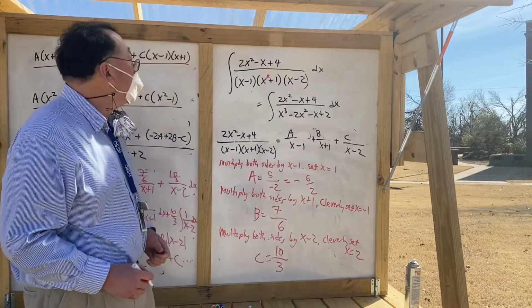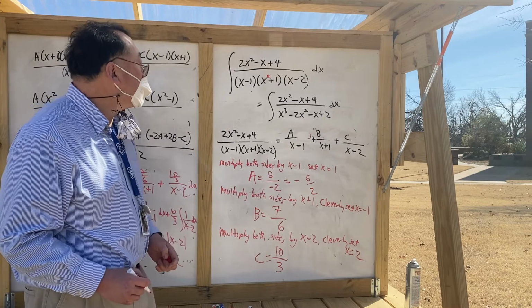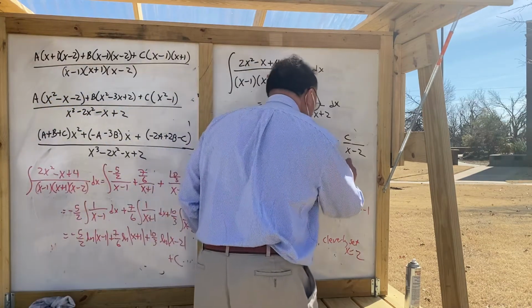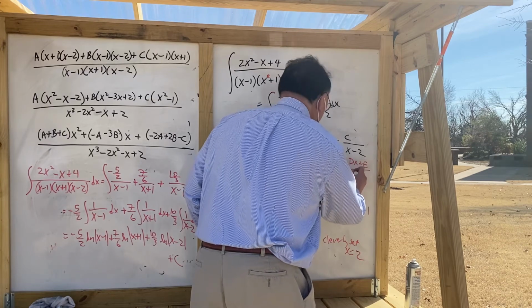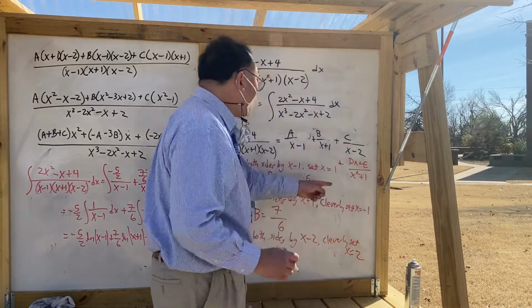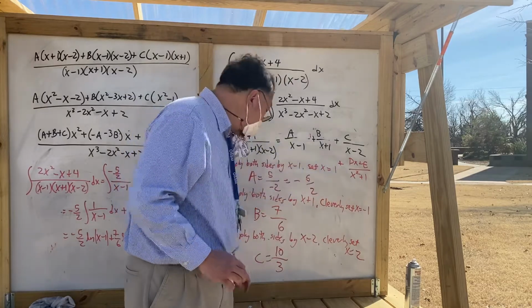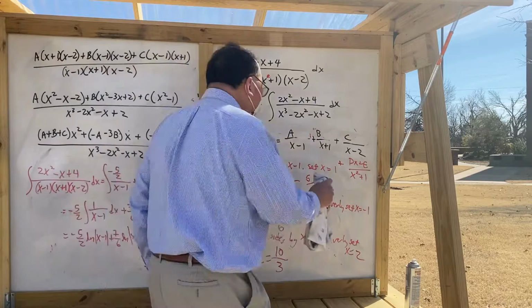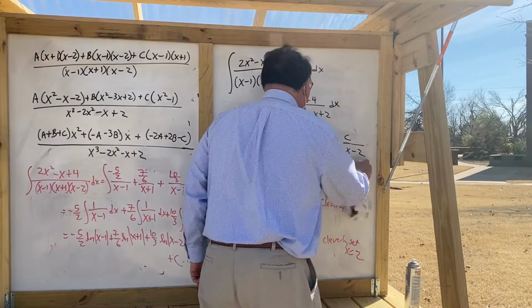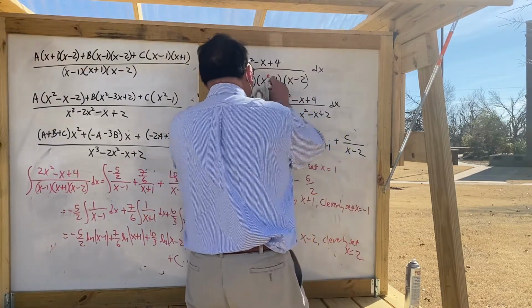You're going to have another piece in there that's called plus dx plus e over x squared plus 1. In the book, they're going to describe all the nuances here. But for the purposes of today's lecture, I'm just going to give you the simple version.